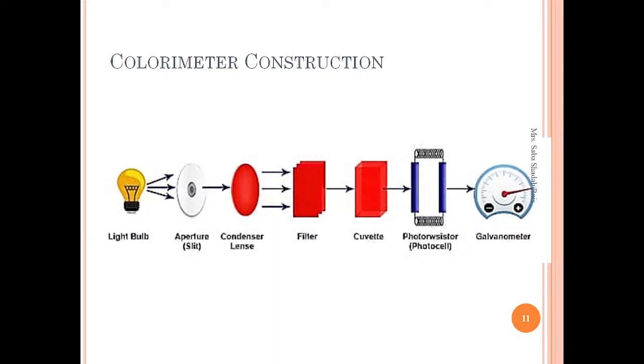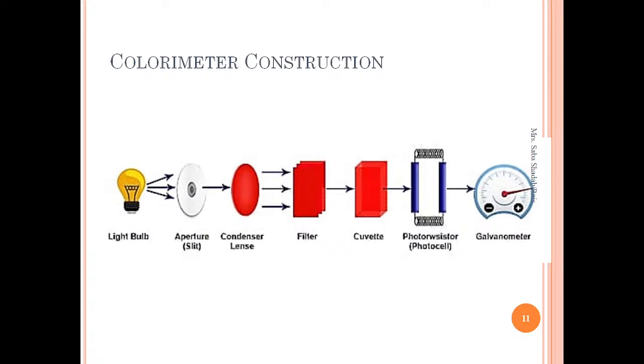We have one light source, and from this light source visible light is passing. Then there is an aperture, or you can say a slit, which is going to align the light into parallel waves.